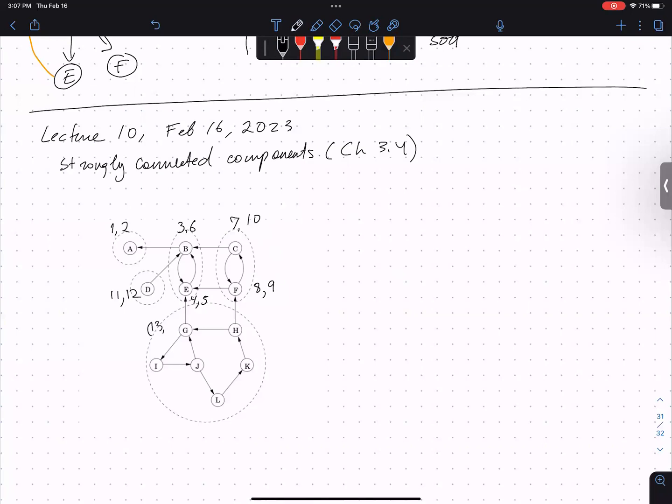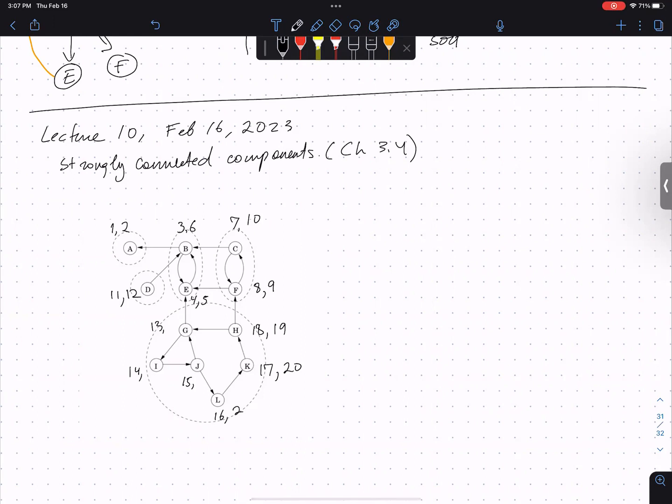We take G's only neighbor, it's I. So 14. Then I has neighbors J, L, K, and H. And from H back to G, G has already been visited. So we wrap up 19.